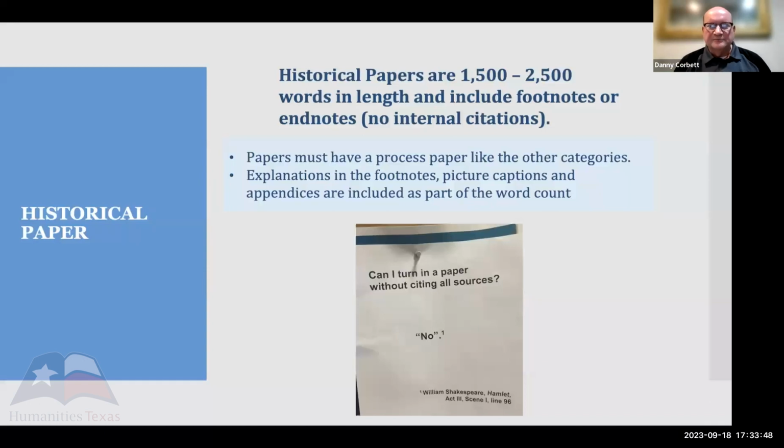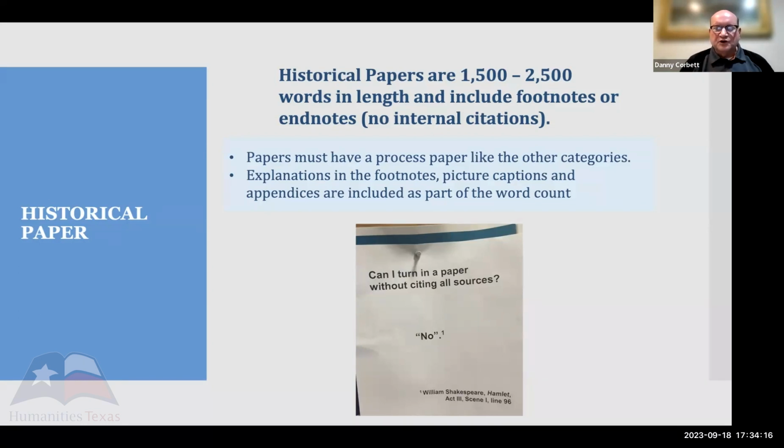So obviously I'm not going over all the rules, but I'll give you some of the basics so you know what you're looking at with each category. So historical papers have a word limit of 1,500 to 2,500 words. No more than 2,500. Their paper includes footnotes and endnotes, but those aren't included in the word count. The word count is just for the paper itself. Okay.